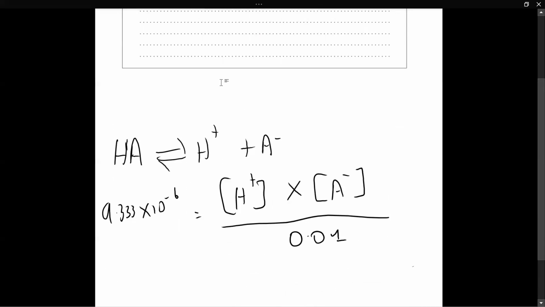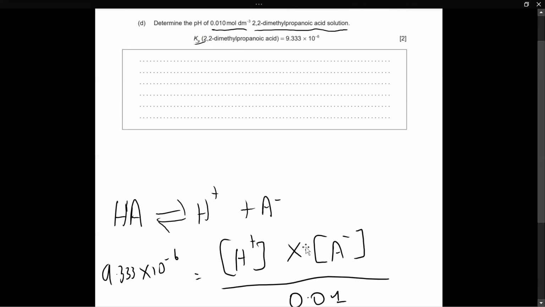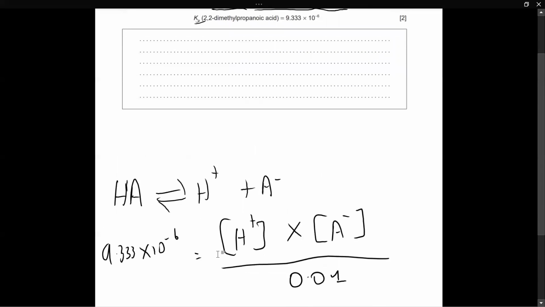What is the next step? Now, one thing that we can assume from this is that the concentration of both products is exactly the same, because however much H plus you produce, or however much H plus is dissociated, the same amount of the ion will also be produced.